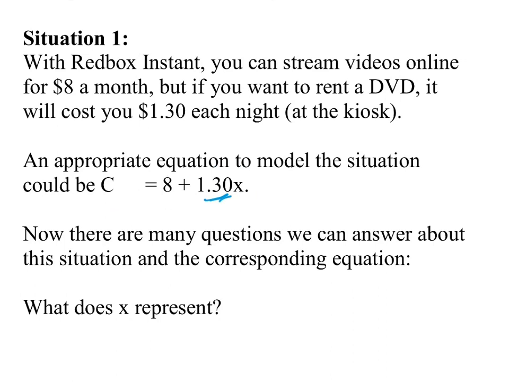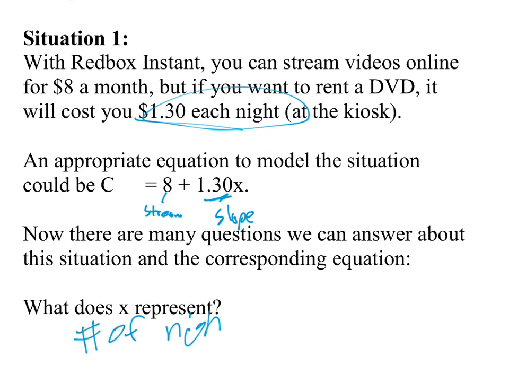This is the slope. That's how things are changing, how it costs per night. And this is the streaming part, the base amount. You need to interpret what all these different parts mean. In this case, you look at your rate, and it's each night, so x is going to be the number of nights. Bad handwriting, but you get the idea.